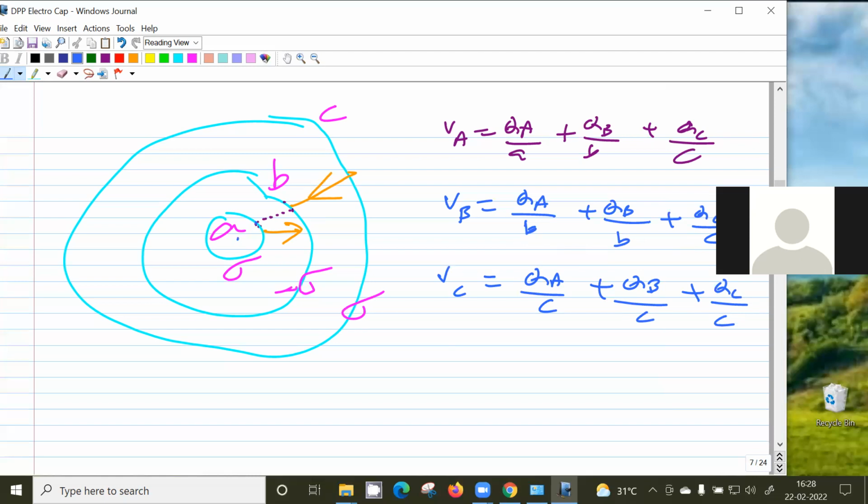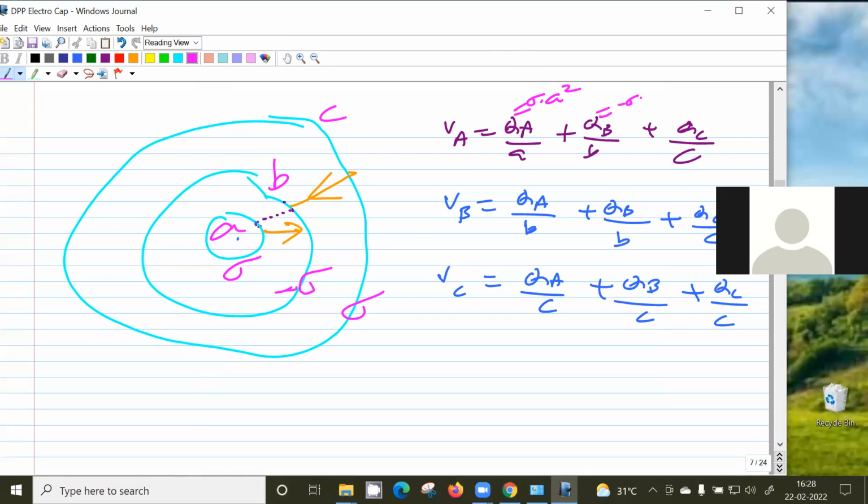Okay, and QA is sigma into A square. The constant of proportionality is there, that you can forget.